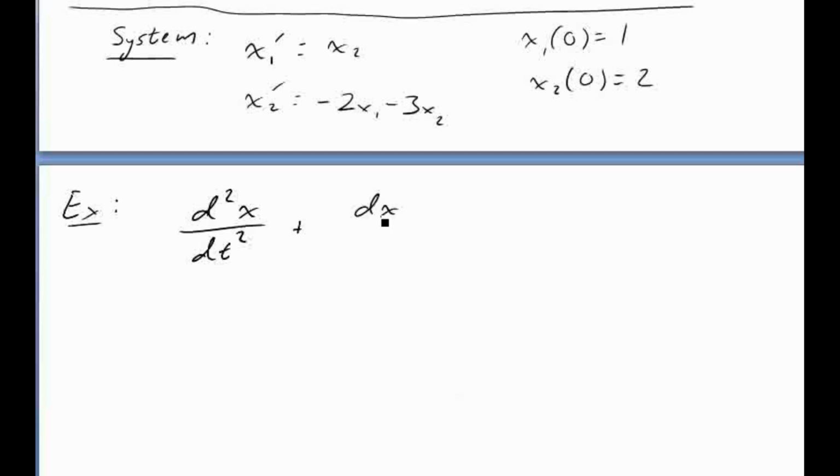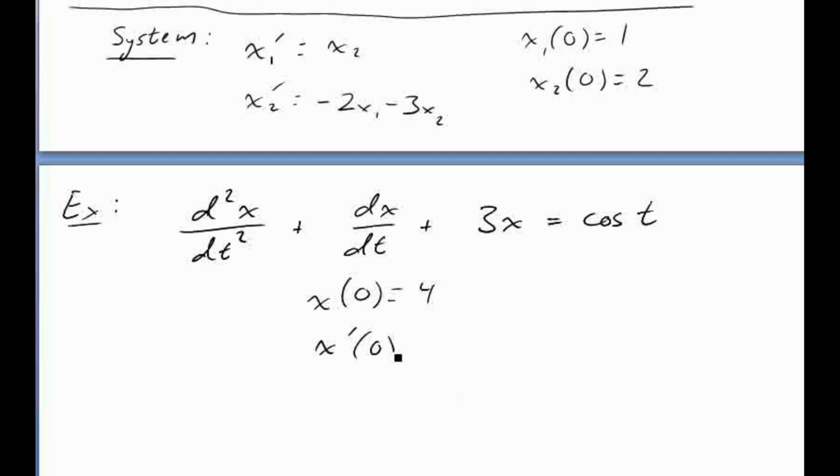Plus dx dt plus 3x is equal to cosine t. And let's say that x of 0 is equal to 4. And let's say x prime of 0 is equal to negative 2.